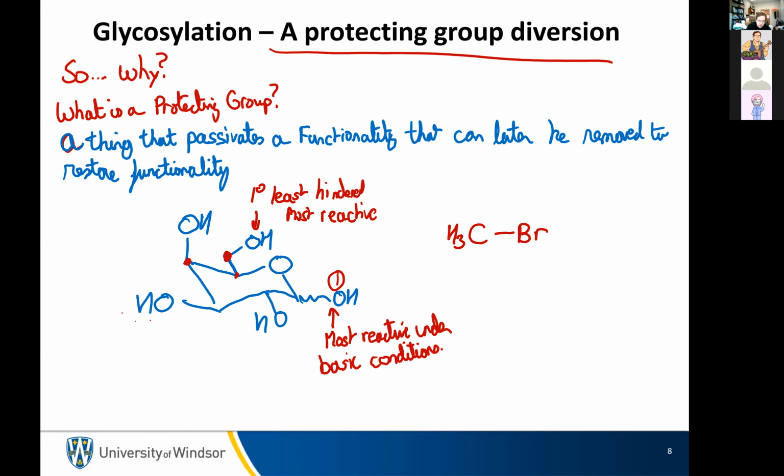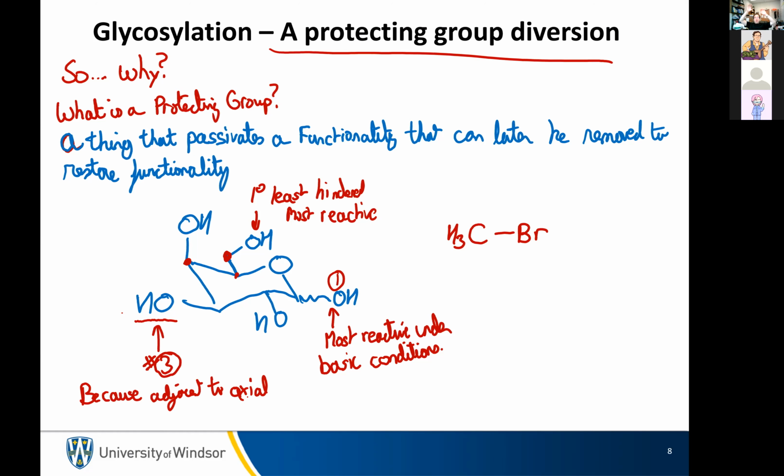On galactose, this one is number 3 because it's adjacent to an axial. How does that help? Well, it's equatorial. Equatorial is less hindered than axial.